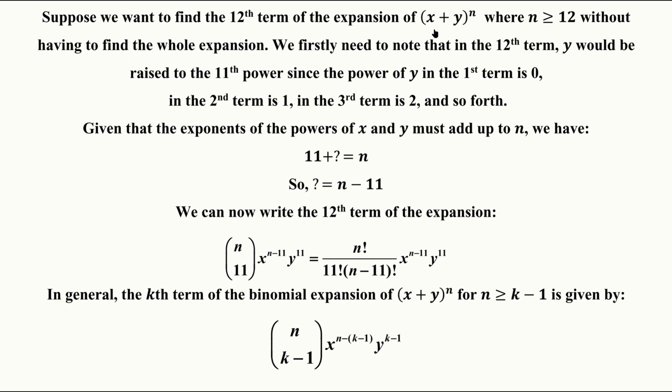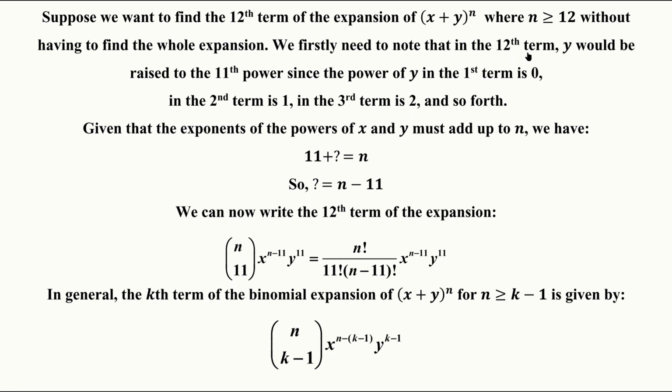Well, if you're doing x plus y to the n, what's the exponent of y going to be in the first term? The first term is just going to be x to the n, right? So the exponent of y is going to be 0, right? And what's the exponent of y going to be in the second term? Well, it's going to be 1, etc. So always 1 less than the term number, right?